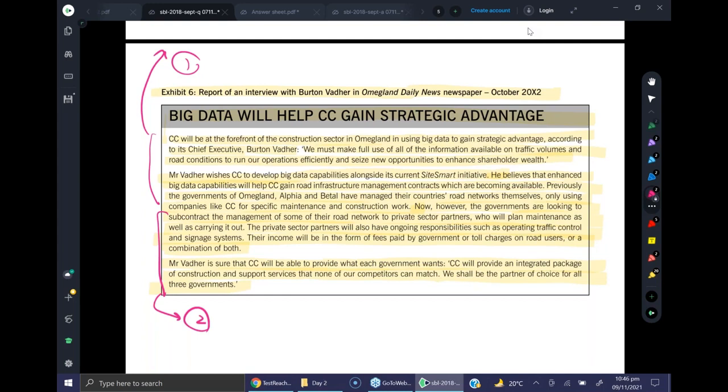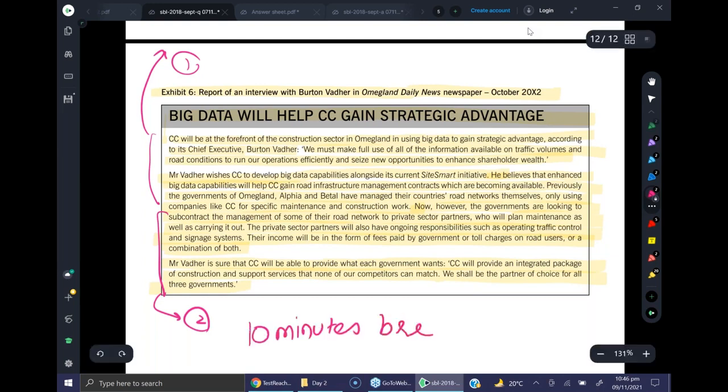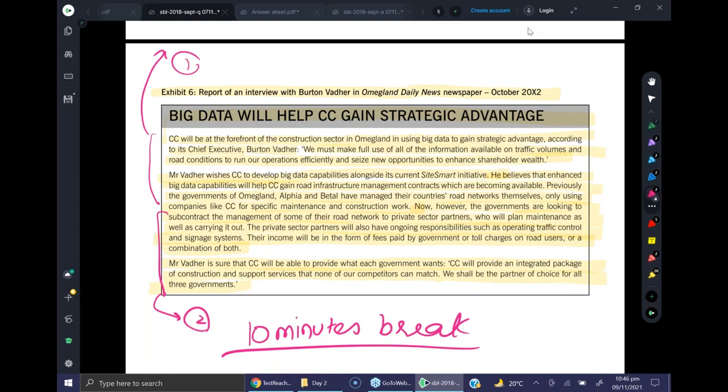All right, now what we are going to do is take a 10 minutes break here. And after that, I will open the answer sheet document and we'll jot down the points for most of the requirements.